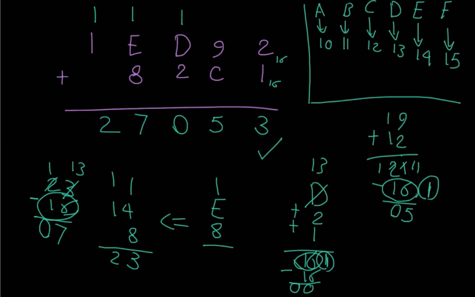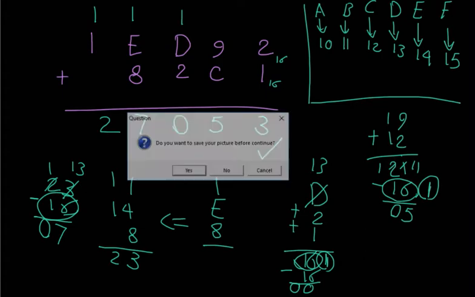Now let's try another number. I want something to have some letters coming for the answer too, so we'll see how that works. I'm just going to change color.